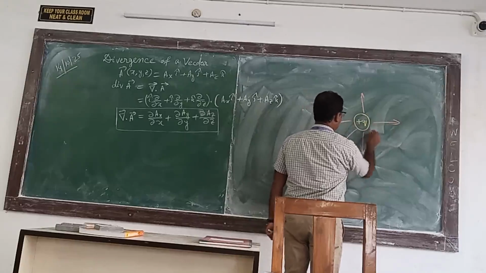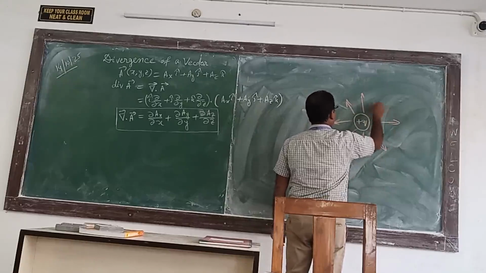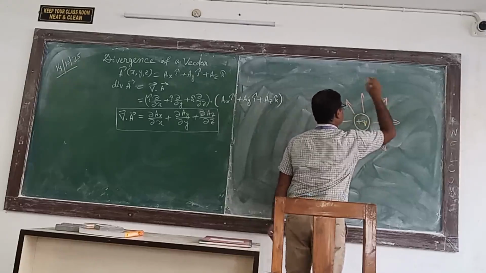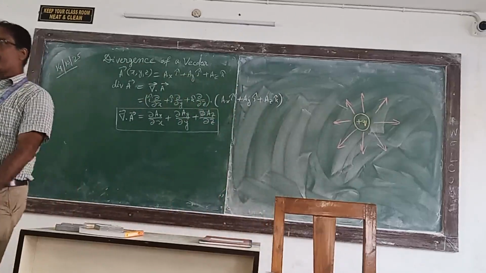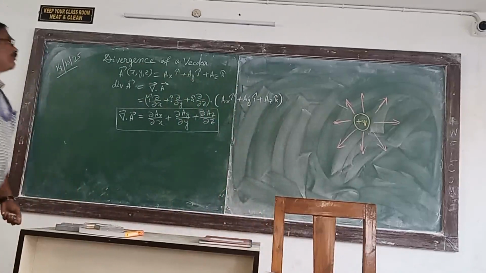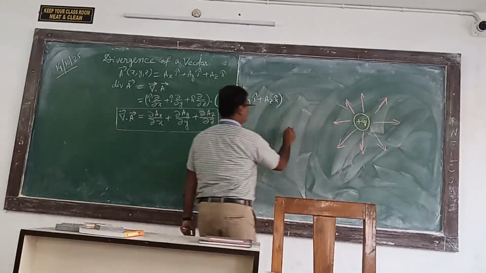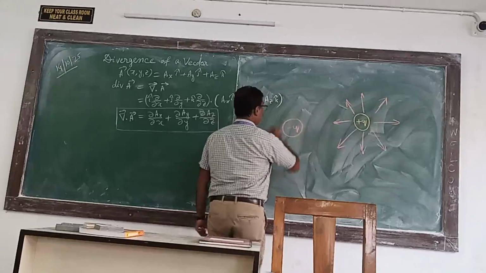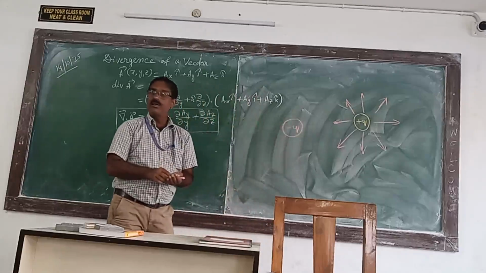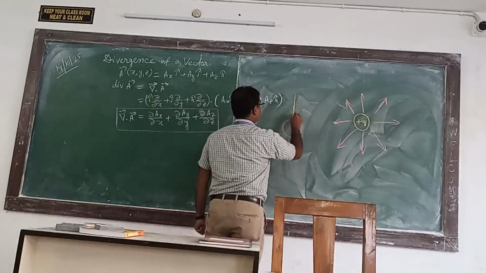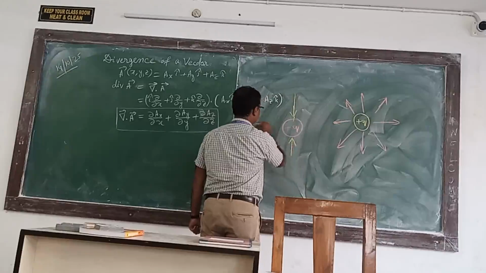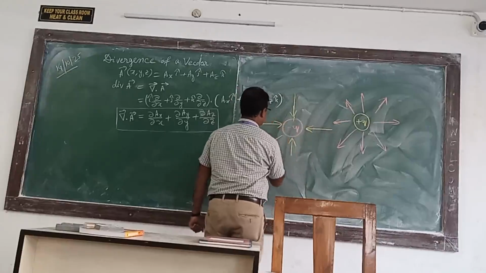So this is the divergence, and here the divergence is positive. Divergence of the electric field is positive. Now if we take a negative charge, then the electric field is converging. That means it is coming like this. This is called the convergence.